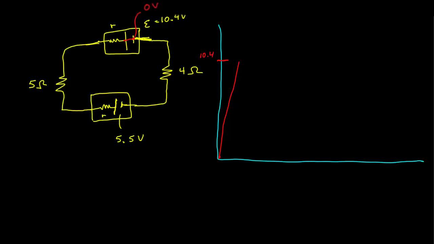It travels a little bit here until it hits this first internal resistor, and there's a voltage drop across that internal resistor, and it takes it down to whatever the terminal voltage of the system is. Before that was 10 volts, but we don't know what that is this time because we don't know the current as of yet. We're just trying to get a feel for what's going on.